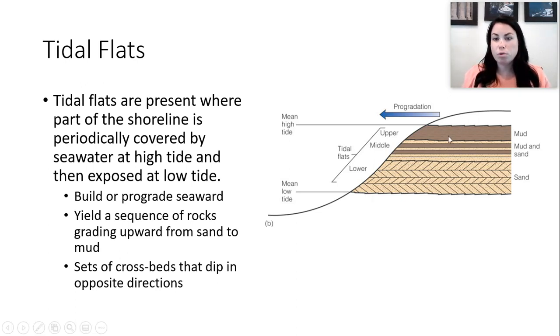So when we see prograding beds, we have finer sediments at the top, coarser sediments at the bottom. It's a prograding system. And of course, in a tidal flat environment, we would see things like cross-beds. We would see how those sands have been deposited, and then as the tide changes, they change direction.